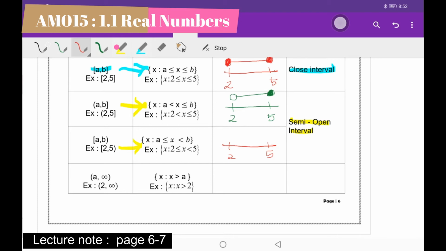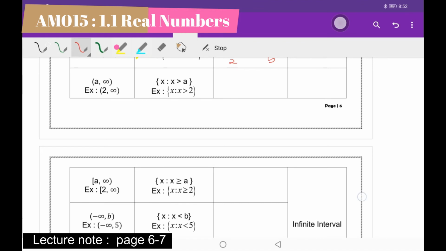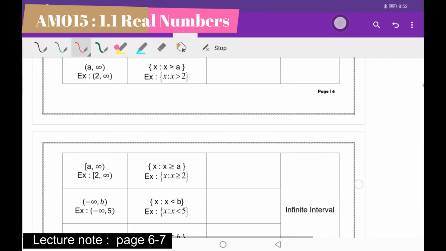Now 2 is using a square bracket, so you need to use a dense circle. However, 5 is using a circle bracket, so you need to use an empty circle, and connect them. So I believe for now you get the idea of how to draw a number line for easy intervals like this. Okay, let us move to the last one, infinite interval.